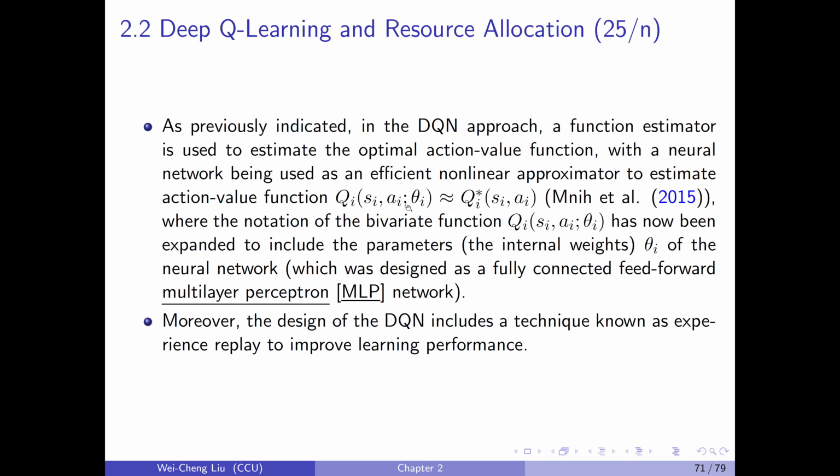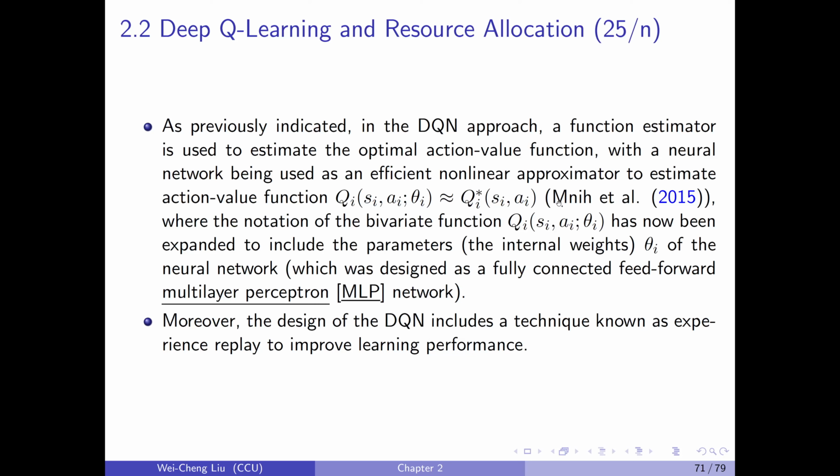It is approximately Qi star of Si, Ai. When you see a symbol star here, it means the optimal value or optimal function. So we are going to choose a theta I to optimize the value of function Qi.